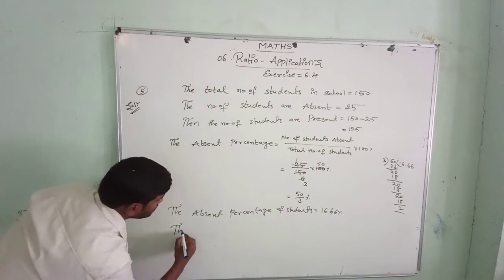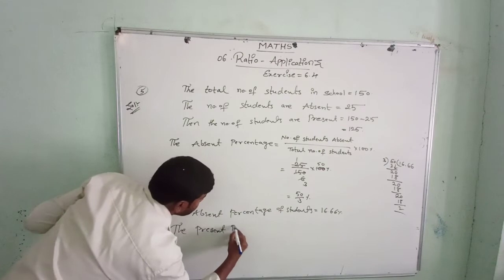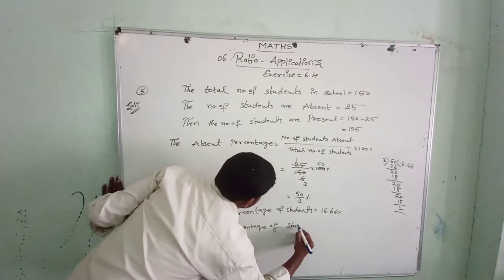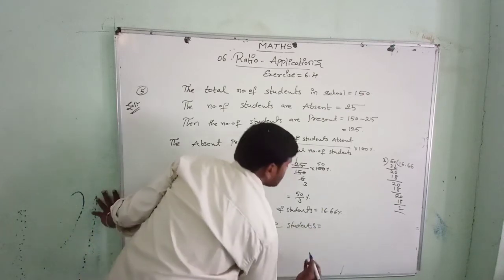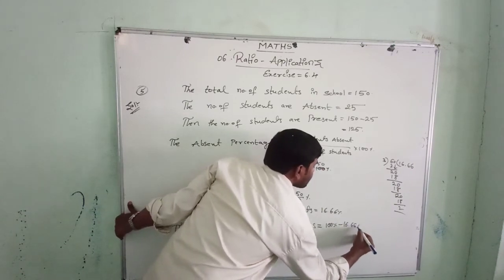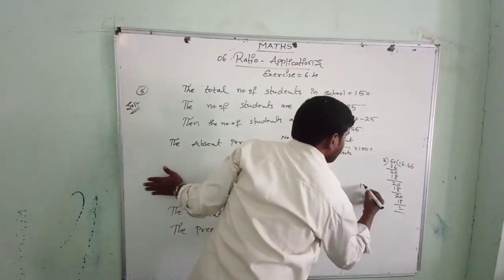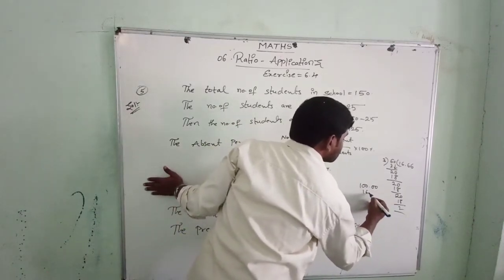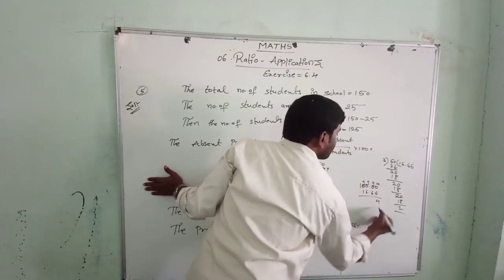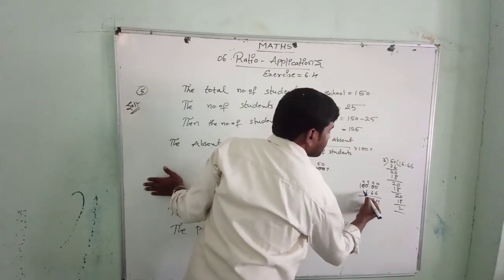The present percentage of students is simple. It is equal to the total 100% minus 16.66%. Then we get, see, from 100%, 16.66 will be removed. This is a 9, 9, 9, 10, 4, 3. It is a 3. 9 minus 1 is 8.